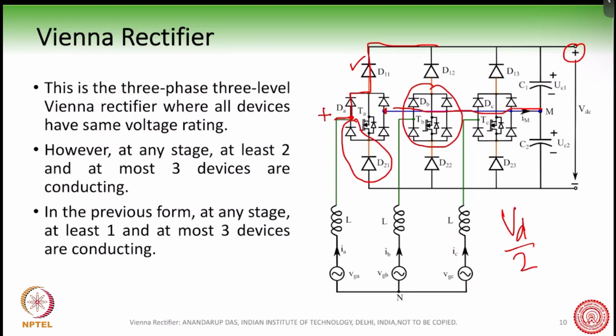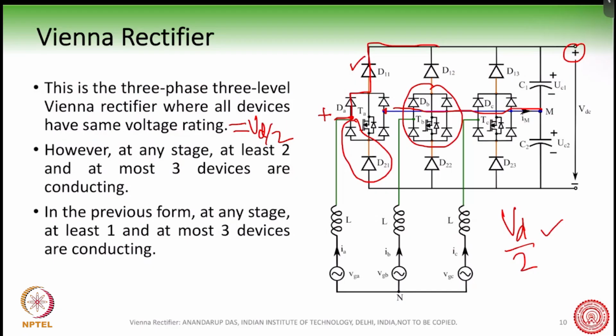So at any point of time, all the switches here have a voltage rating of VD by 2 in this case. So this is the second format of Vienna rectifier in which all the devices have the same voltage rating, which is equal to VD by 2.